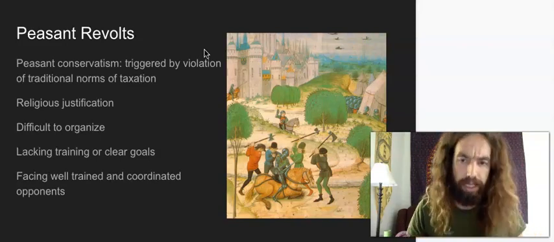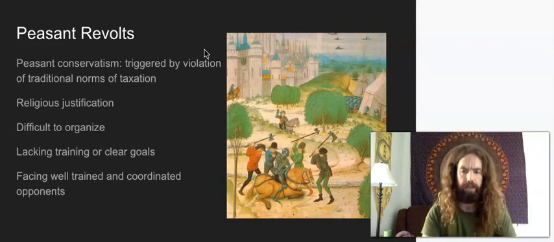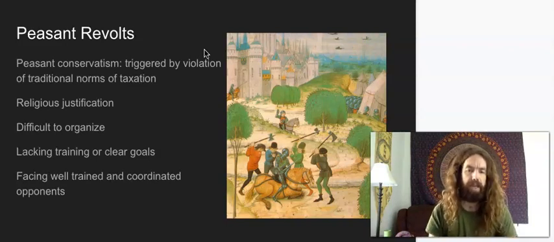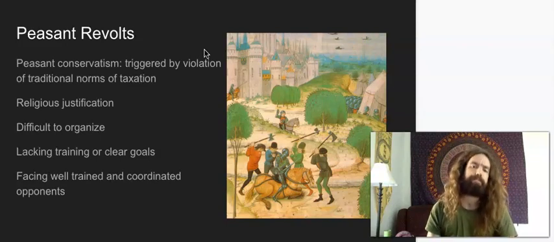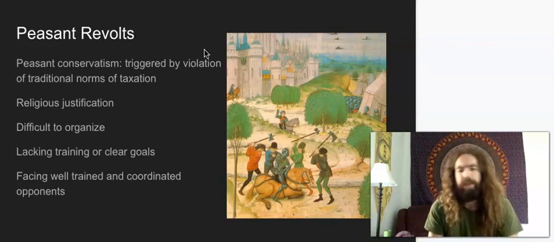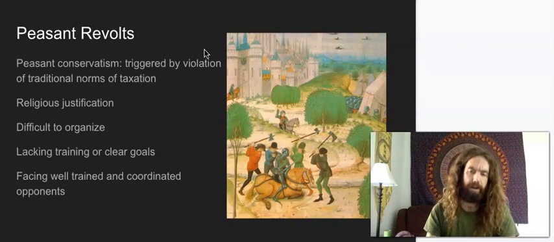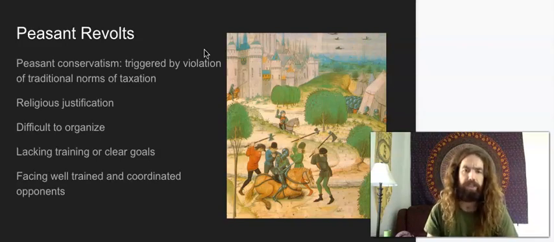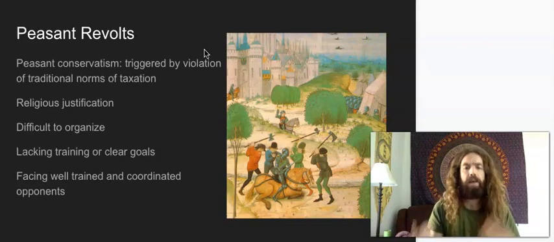Peasants are usually very, very conservative. They simply do things the way they've always been done, and any change away from the status quo for the peasants is usually viewed as a bad thing. And it might just be because usually when things change, they are bad for the peasants, like taxes go up or traditional privileges get taken away and stuff like that.